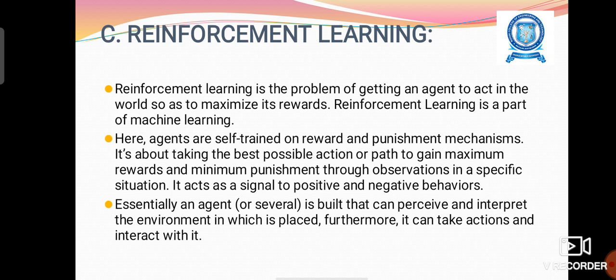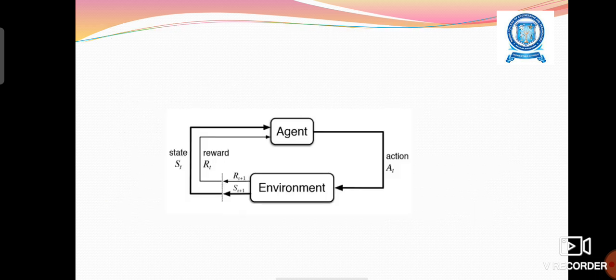The third type of machine learning is reinforcement learning. It is the problem of getting an agent to act in the world so as to maximize its performance. So reinforcement learning is similar to the intelligent agent. The agent will work on the environment. When it performs some task in the environment, it will wait for the feedback from the environment. The feedback is given in the form of rewards.